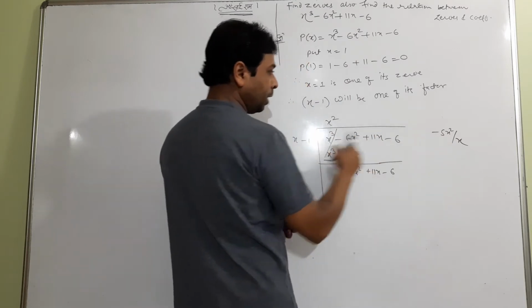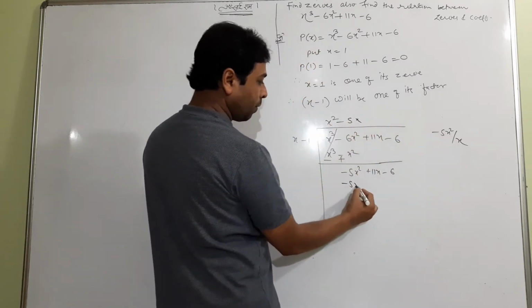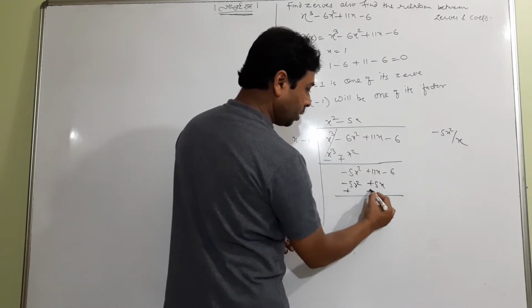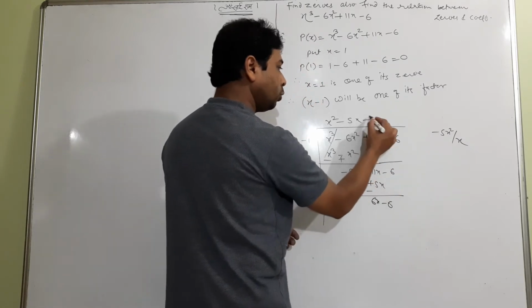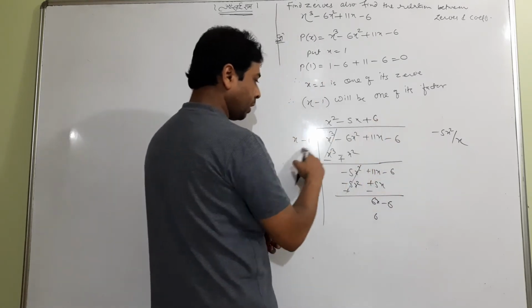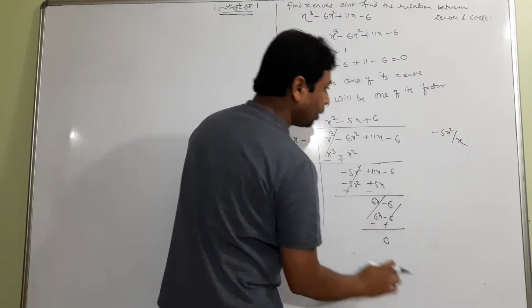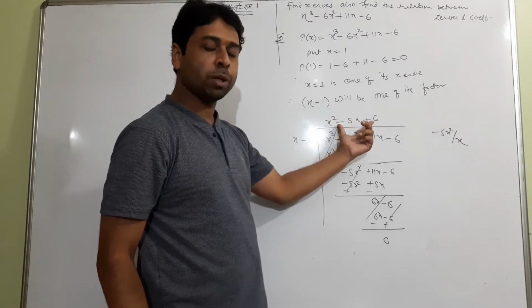So this gives minus 5x. Minus 5x into x is minus 5x square, and minus 5x square cancels. Then 6x minus 6, I'll choose 6, and 6x minus 6 cancels. The remaining factor is x square minus 5x plus 6.